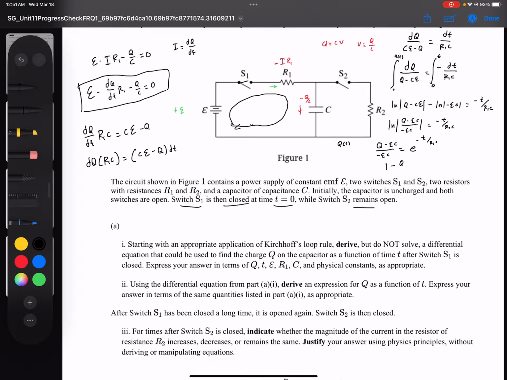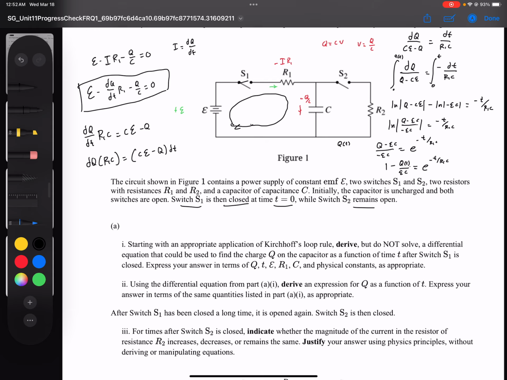I'm rewriting this fraction, q minus epsilon times C over negative epsilon times C, as 1 minus q as a function of time over epsilon C. And that has to equal e to negative t over R1C.